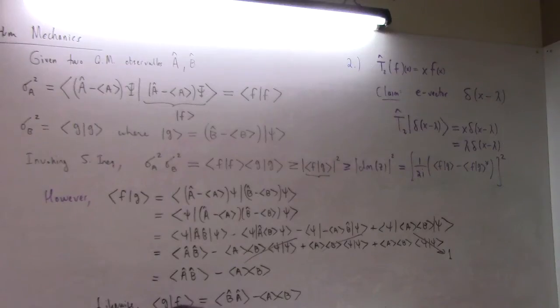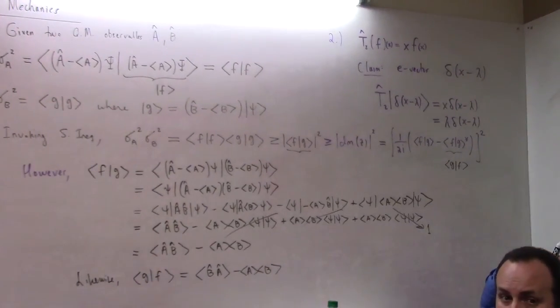And so, conclusion. Remember, what's this, by the way? That was GF, remember? That's part of the axiom for the inner product on the Hilbert space.